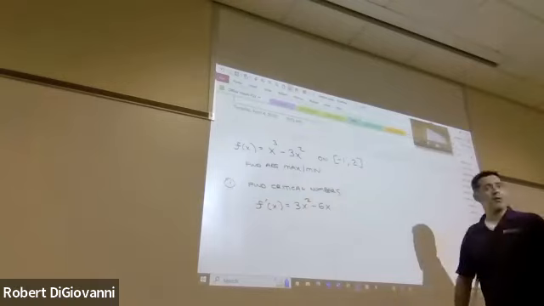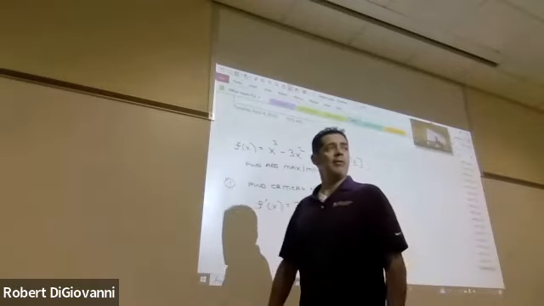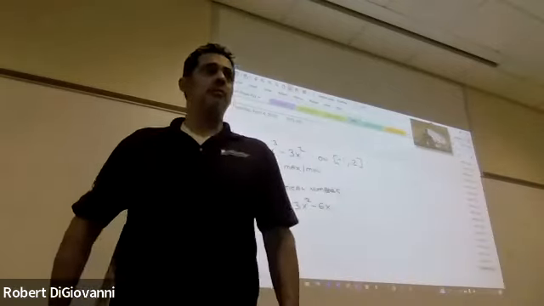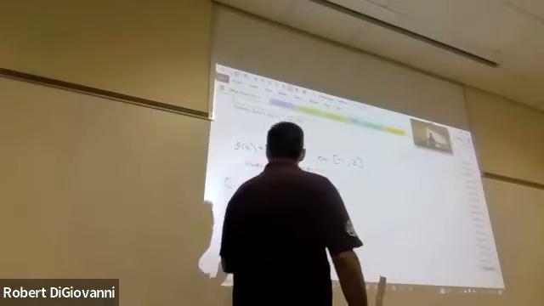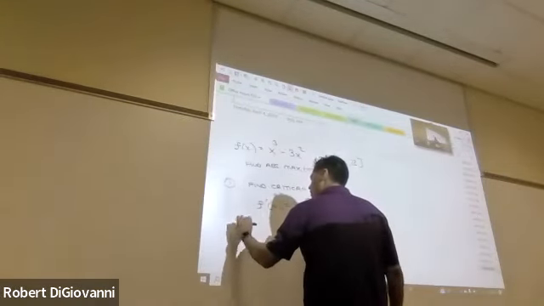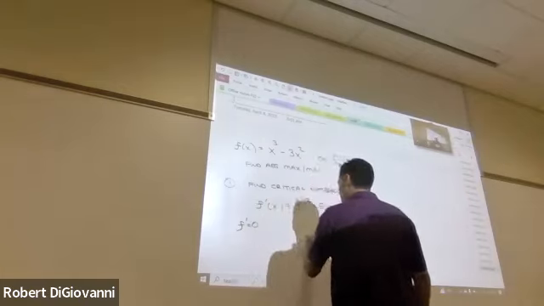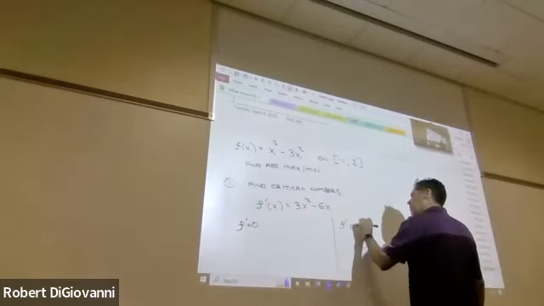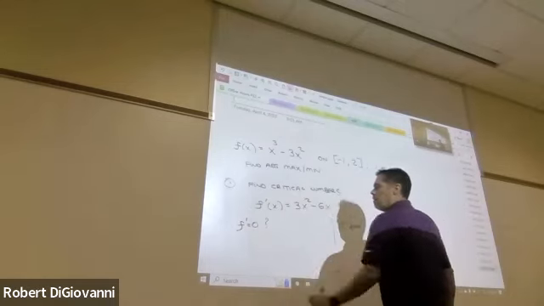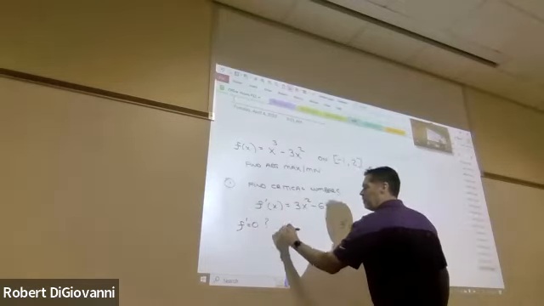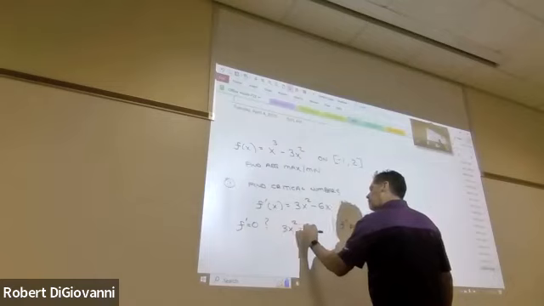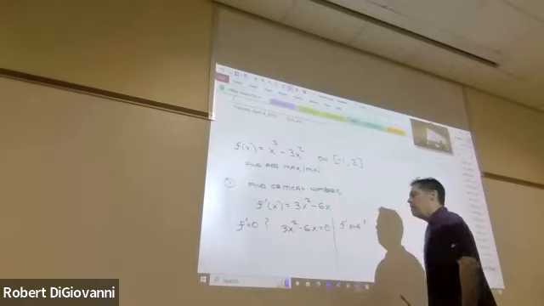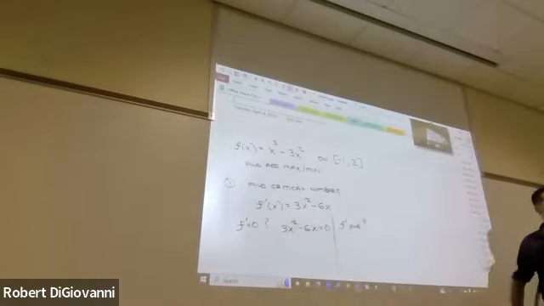Figure out where that is 0 and then figure out if that ever doesn't exist, right? So let's start with figuring out when it's 0. So when is the derivative 0? And then over here, I'll put where does the derivative not exist? All right, set that equal to 0.